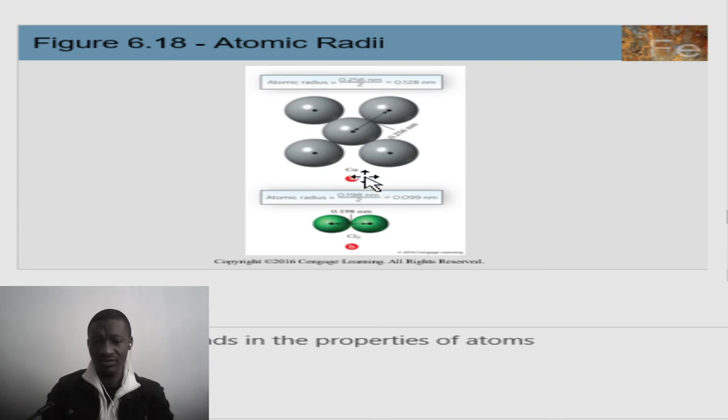I think this is copper, and then this is chlorine. So you have a big difference between the radii. You notice they measure from the center to the end, and when you divide the diameter by 2, you have the radius, because the diameter is 2 radii.